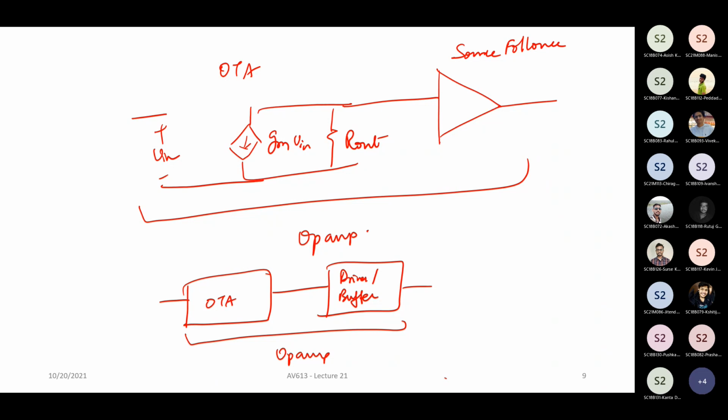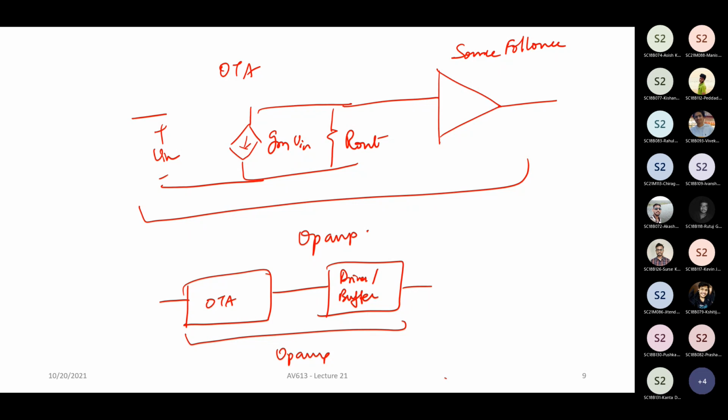At normal analog or mixed signal frequencies, the input impedance offered by any transistor is only capacitive. So in order to drive capacitive loads, you don't require a driver or a buffer. An OTA can easily drive a capacitive load because you don't have to drive DC currents. You only need to drive AC currents, and a capacitive load can always be driven by OTAs.